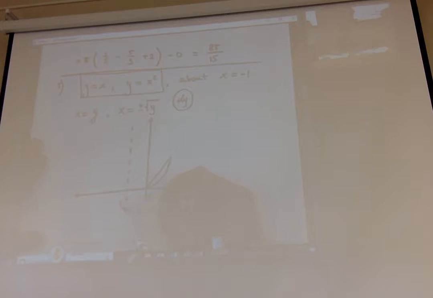So here's my axis of rotation, so it's x equals negative 1. So if I rotate this, again, it's just a sketch. This is what I will get. All right? And remember, this is the original one right here.